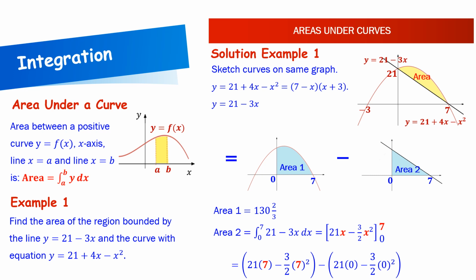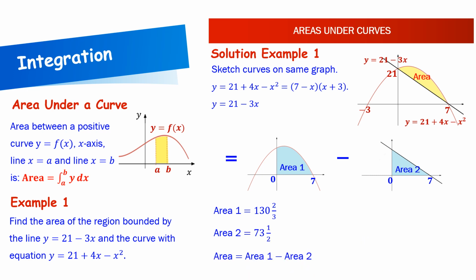Plugging in x equals 7 in the integrated expression, and we take away from it the same expression with, of course, x equals 0 plugged in. And we tidy that up to obtain 73.5. So area 2 equals 73.5.